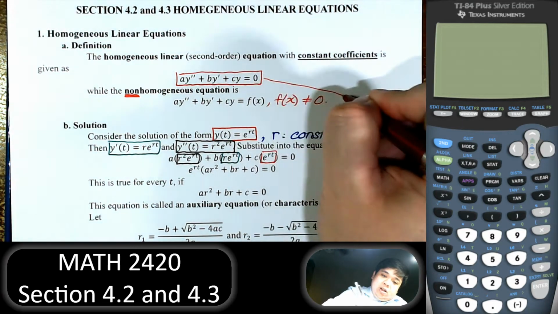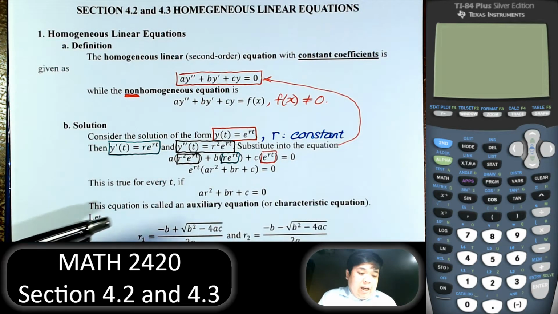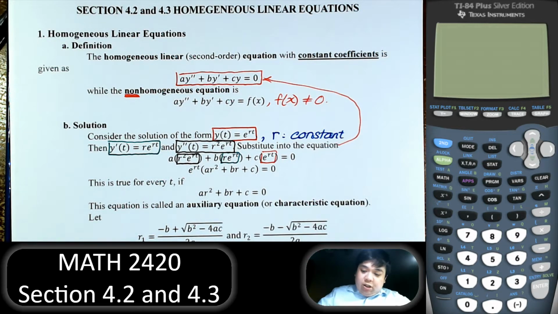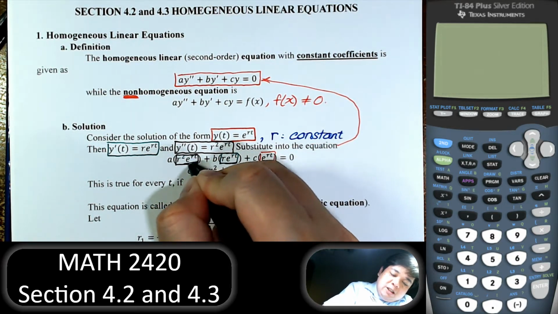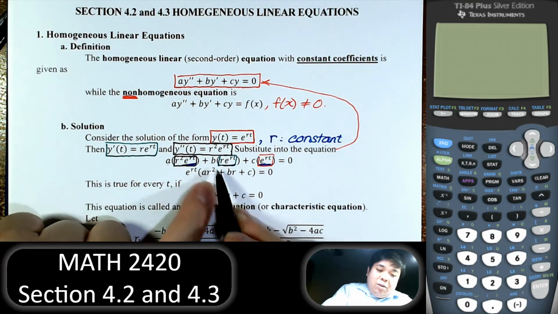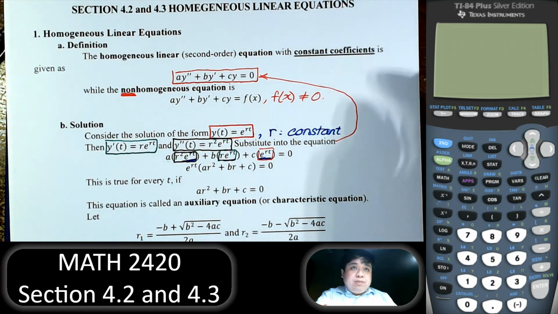Right, and then once again we factor out e to the rt as a common factor. We're going to have ar squared plus br plus c, exactly what we did in the previous section.